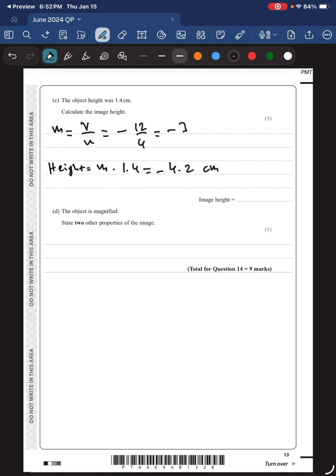Okay, so the object is magnified. State two properties of the image. So this image is virtual because it's on the same side as the object, okay? Virtual and upright.